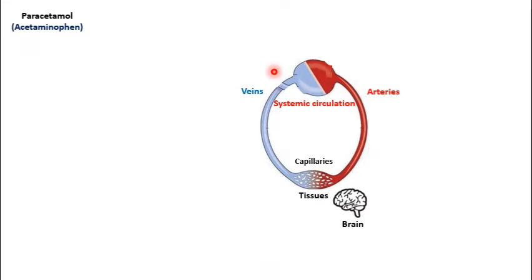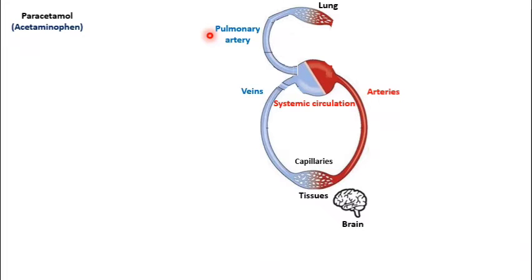The right side of the heart pumps the deoxygenated blood to the lung. And the lung, as any organ, gets the blood through an artery. This artery is called the pulmonary artery. And in contrast to other arteries in the body, this artery carries deoxygenated blood, not oxygenated.